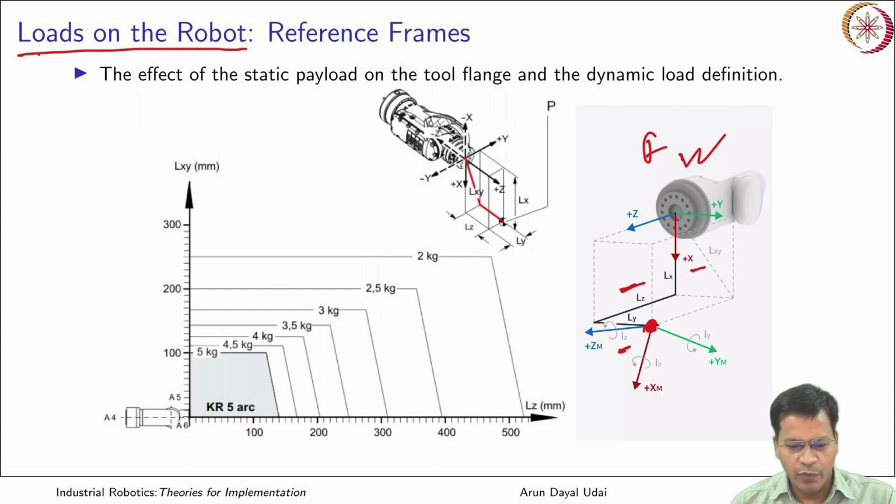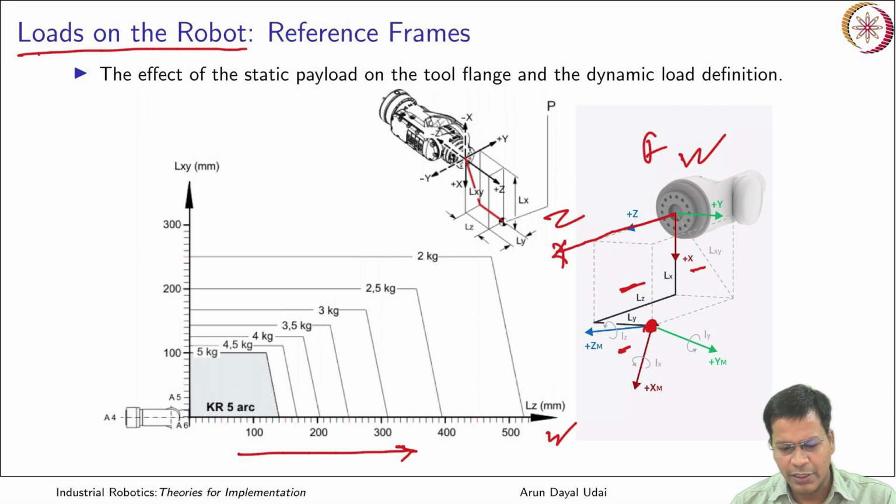The influence it can have is this: if you are within this region, this is LZ, how far away it is along this direction. This is your Z axis. If it is a 5 kg payload capacity robot, I have taken it from the KUKA KR5 ARC robot datasheet.